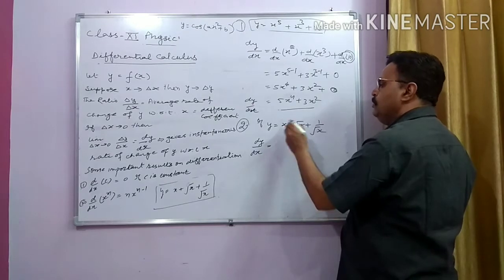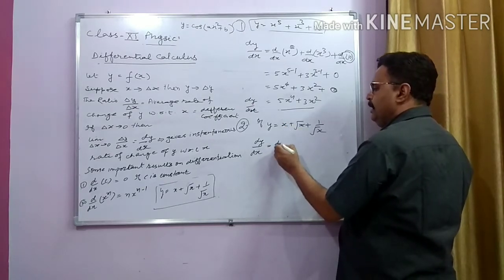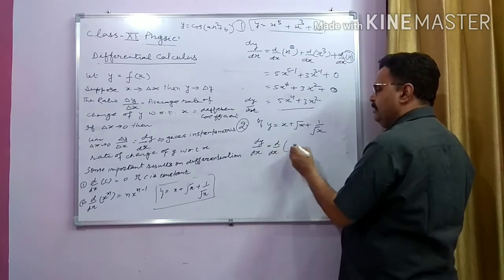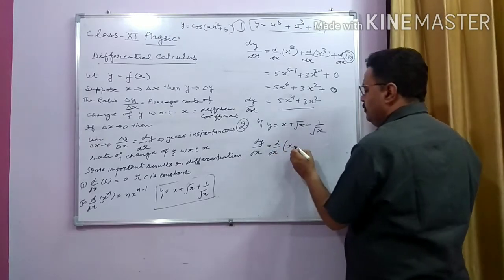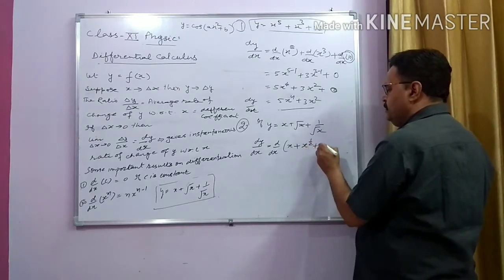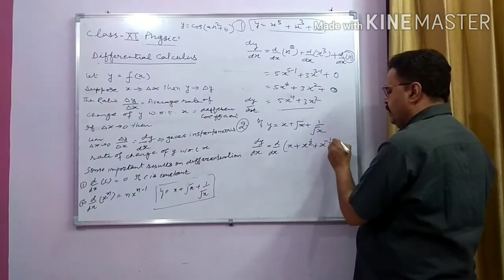That is equal to d upon dx, in bracket we can write x plus x raised to power half plus x raised to power minus half.